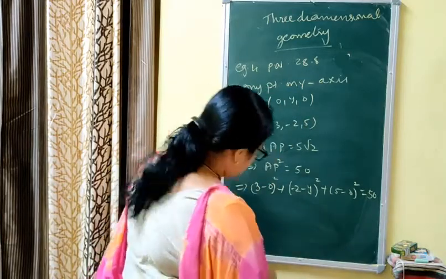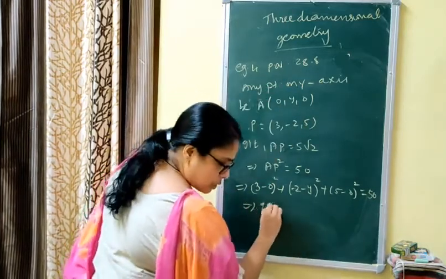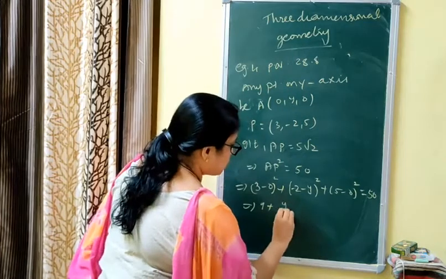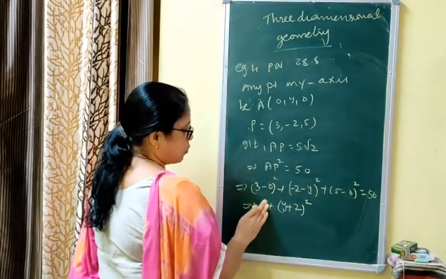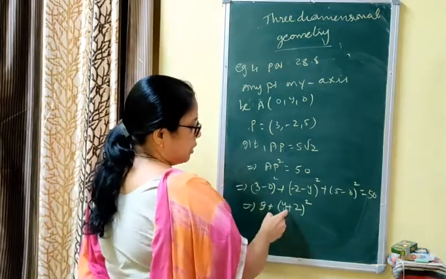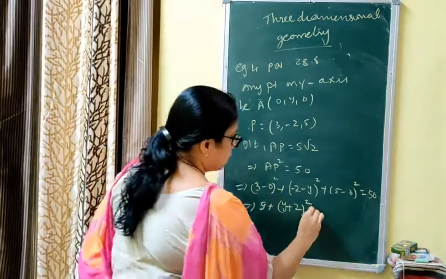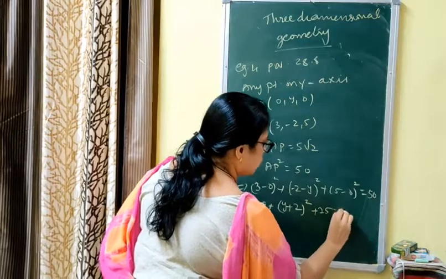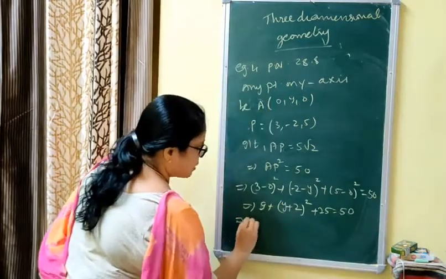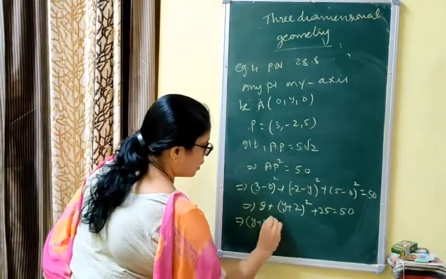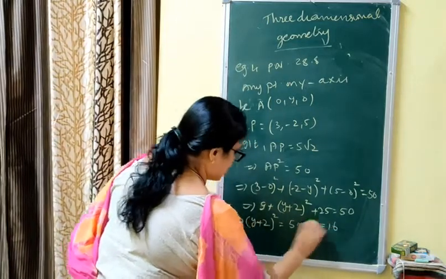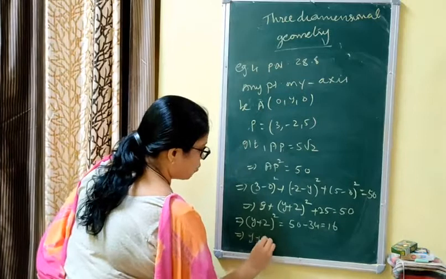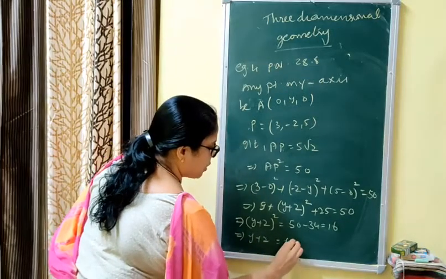Now, if you solve it, you will get 9 plus (y plus 2) whole square, I am taking minus square, that is positive. Why I am leaving this, you can find in the next step. Plus 25 is equal to 50. That implies (y plus 2) whole square is equal to 50 minus 34, which is 16. Implies y plus 2, taking square root, you will get plus or minus 4.